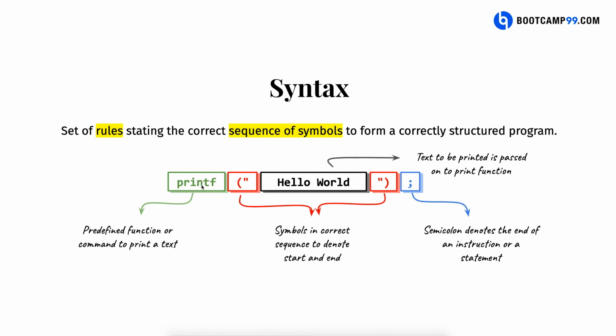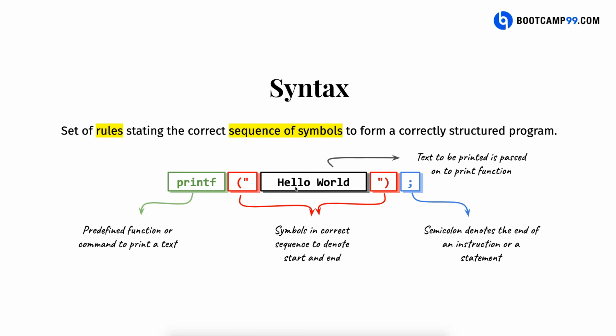So when you take this example printf, what it means is that this printf is a predefined function which is already there in C. Someone has written it for us, so we make use of this. So when you call printf, C compiler understands that we are trying to call something which has already been written inside C. Now these symbols, which are open braces, double quotes, double quotes and close braces, are just to denote the start and end of the string you want to print.